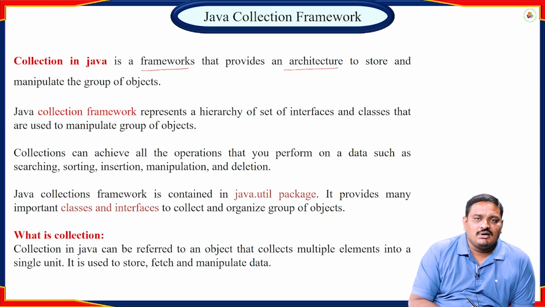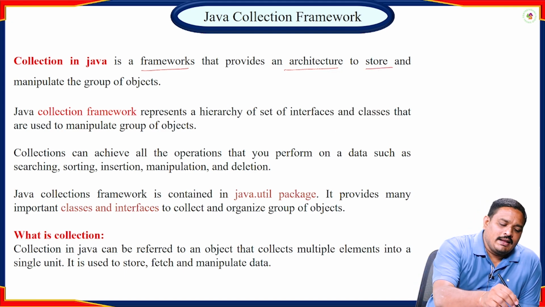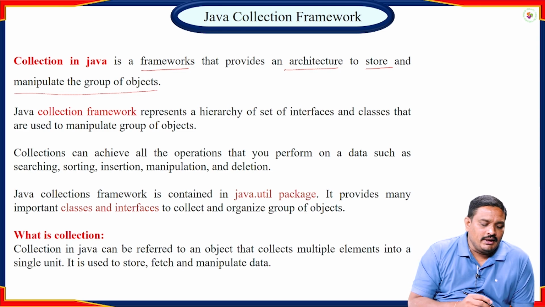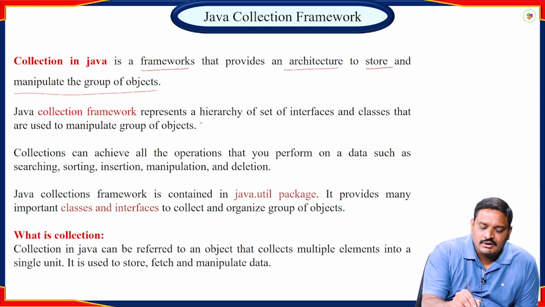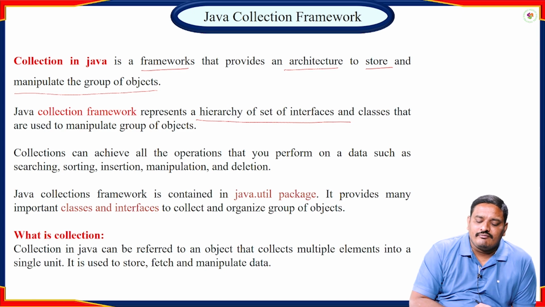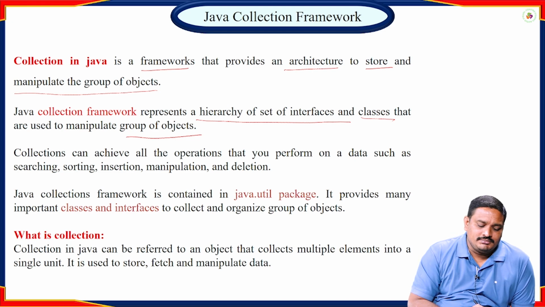In this architecture, we can store and manipulate a group of objects. The Java collection framework represents the hierarchy of a set of interfaces and classes that are used to manipulate a group of objects.